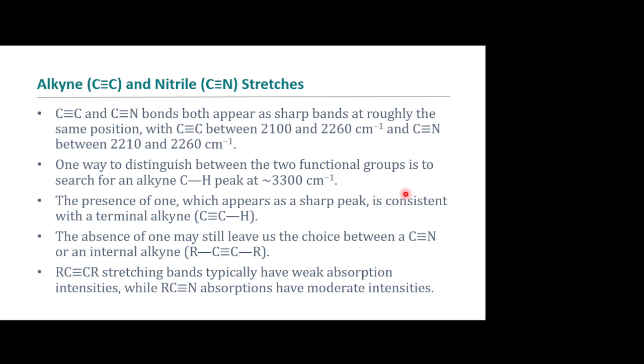It's not a lot of difference, is it? In fact, most times they're going to fall essentially in the same place. So typically how you distinguish between the two functional groups is you search for the alkyne CH peak. So if it's a terminal alkyne, we're going to have that terminal hydrogen, aren't we?